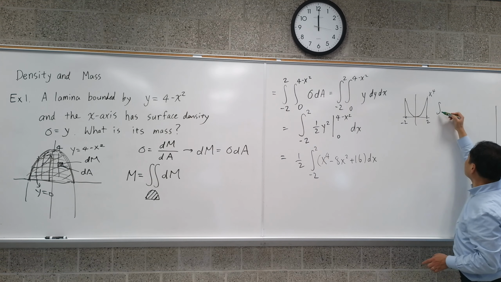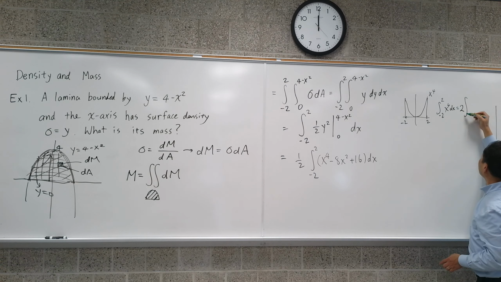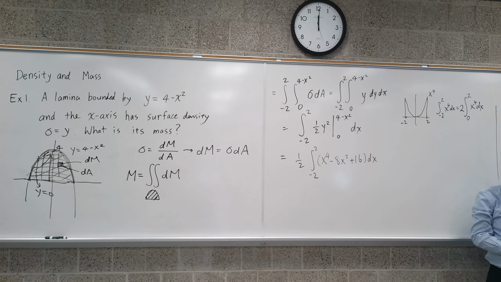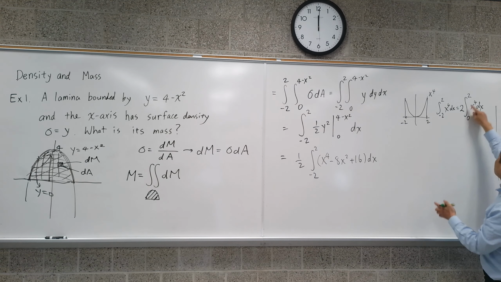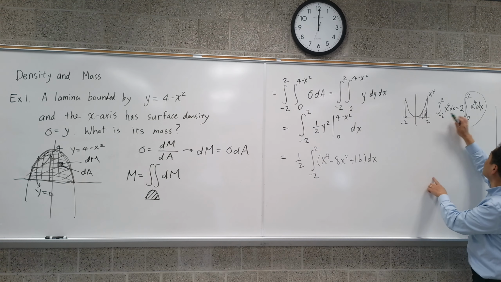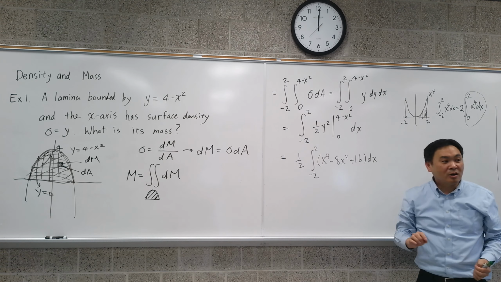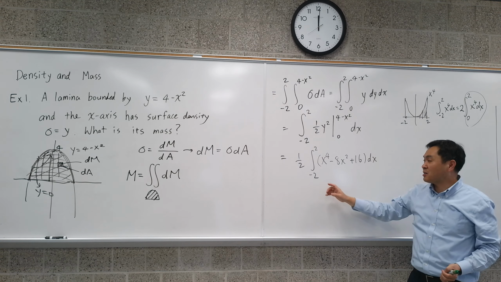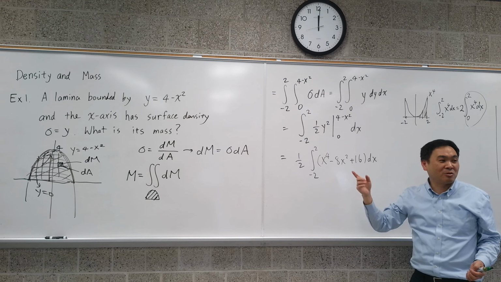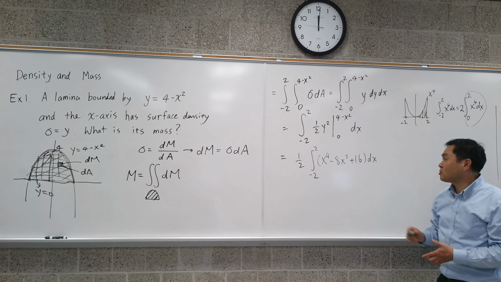Well, the integration from negative 2 to 2 of x to the 4th dx is going to be the same thing as twice the integration from 0 to 2 of x to the 4th dx. Don't you agree? Because this much will be this area, right? And then if you double that, you get the entire area without having to plug in negative 2. The reason we like this trick is because plugging in negative 2 is nasty, whereas if you plug in 0, it's so easy. Yeah.